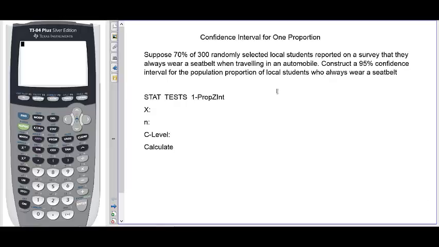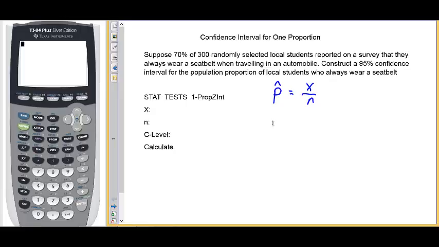Okay, first recall that your sample proportion is formed by taking the number of students who reported always wearing a seatbelt divided by the sample size. We are given the sample proportion, which I'm labeling p hat.